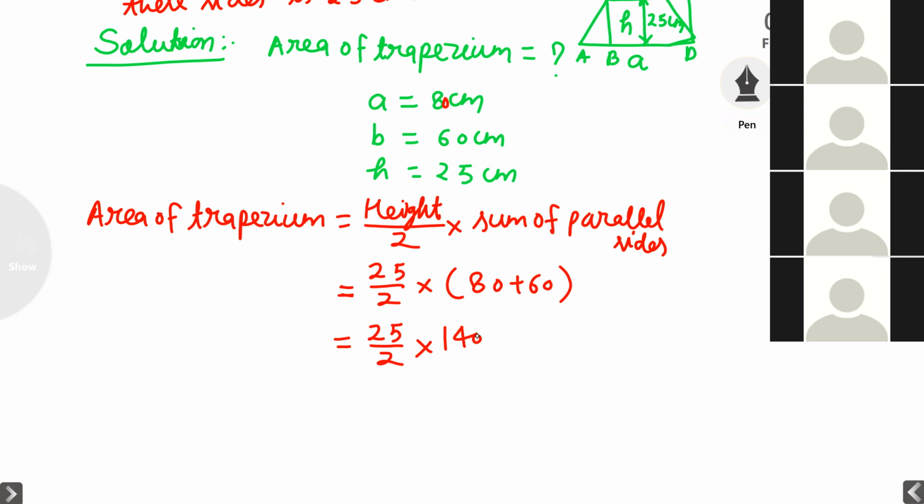Now we have to do simplification. 2 1s are 2, 2 7s are 14, 70. 25 into 70. 25 7s are 175 and one more 0, I will write as it is. Square centimeter.